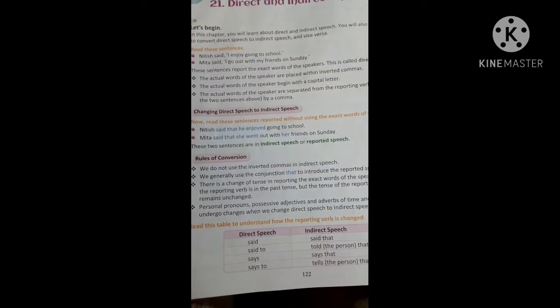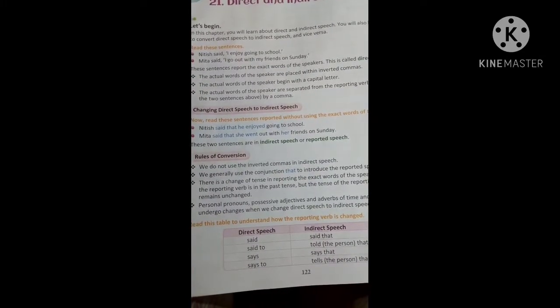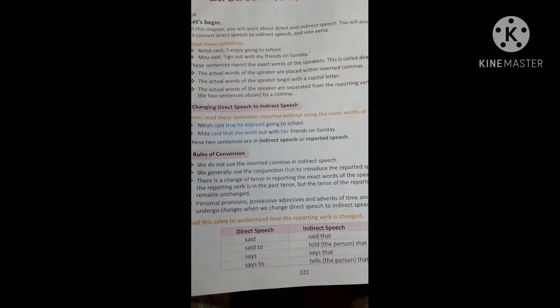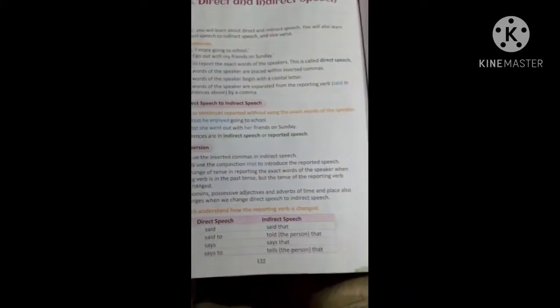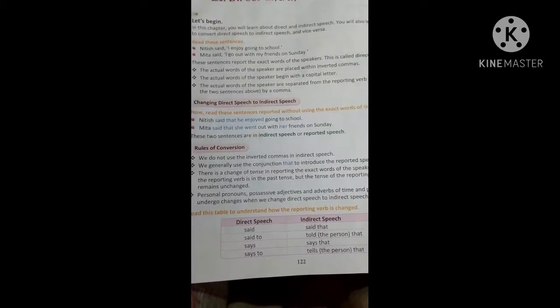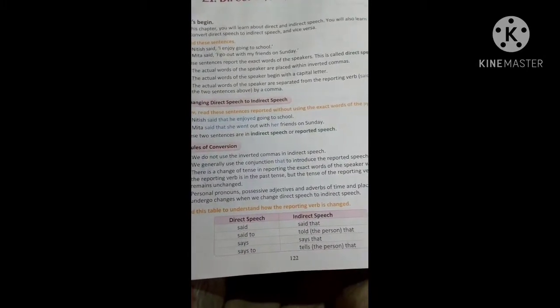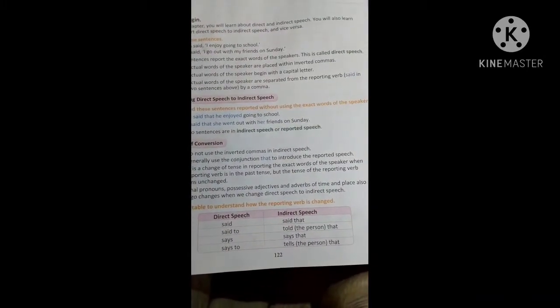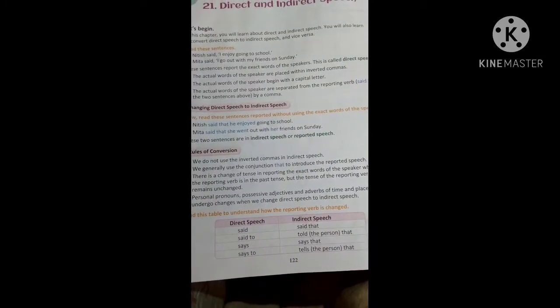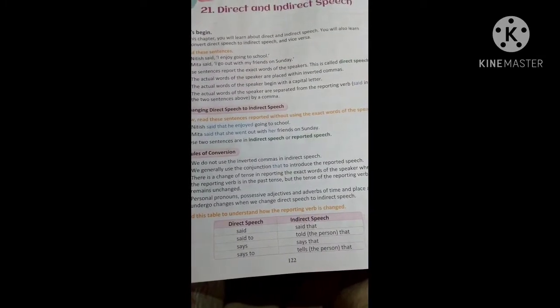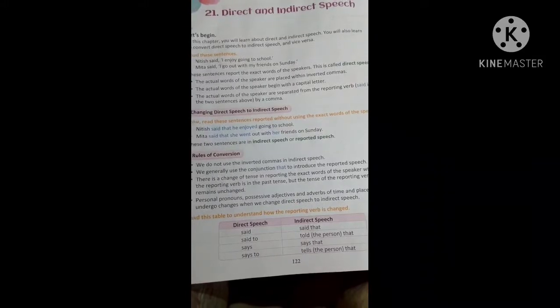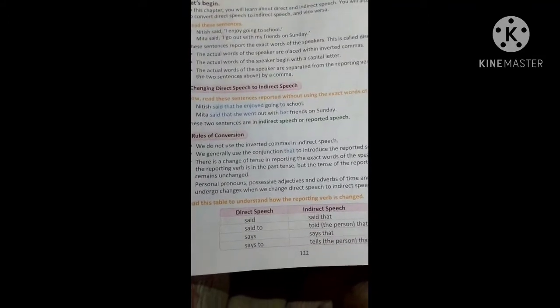We do not use the inverted commas in indirect speech. We generally use the conjunction that to introduce the reported speech. There is a change of tense in reporting the exact words of the speaker when the reporting verb is in past tense, but the tense of the reporting verb remains unchanged.